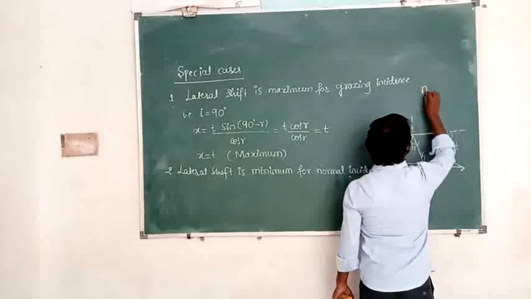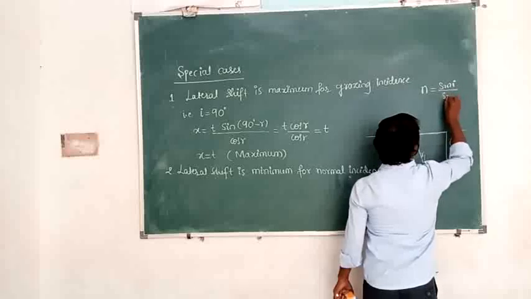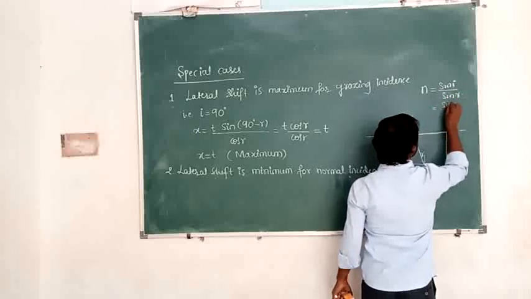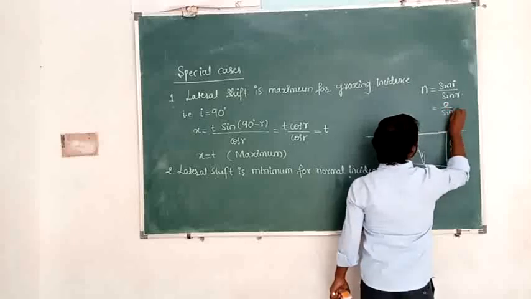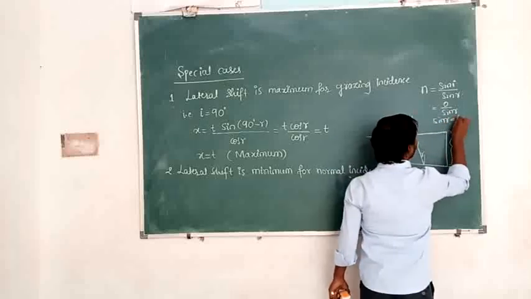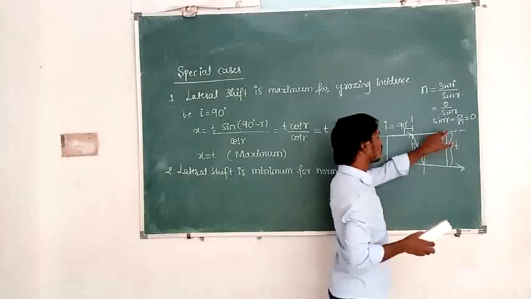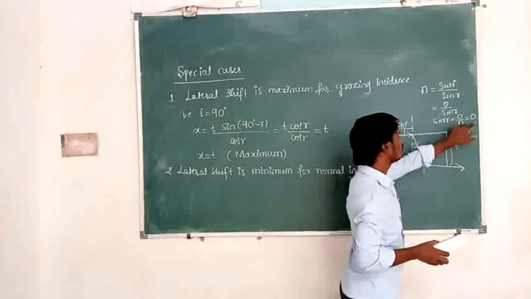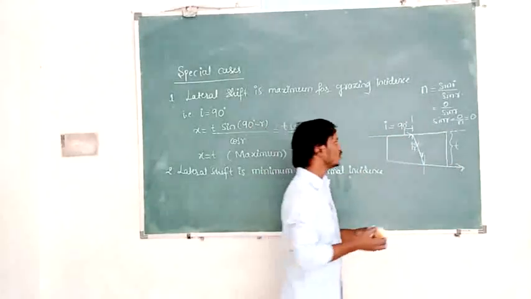What is Snell's law? n is equal to sin i by sin r. If the angle of incidence is 0, sin 0 is 0, so sin r equals 0 by n, which is again 0. The sine value is 0 for the angle 0, which means the angle of refraction is also 0.